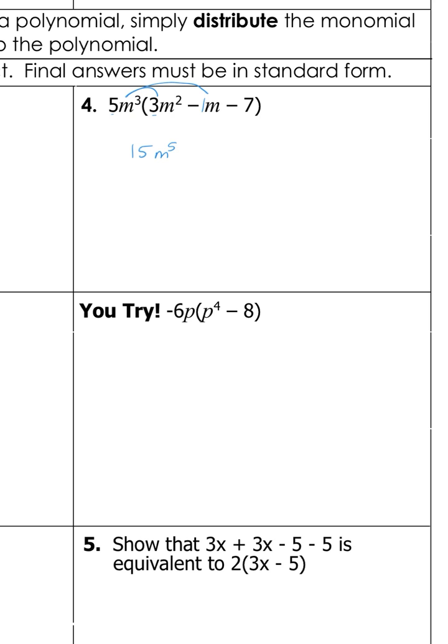So 5 times -1 is -5. M to the third times m to the first, I add those and I get m to the fourth. 5 times -7 is -35. And then I just have m to the third, I don't have any m's there. So that is my answer.